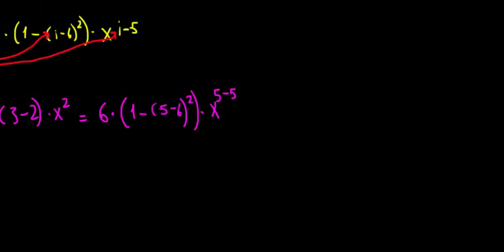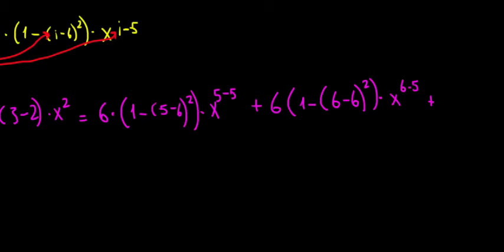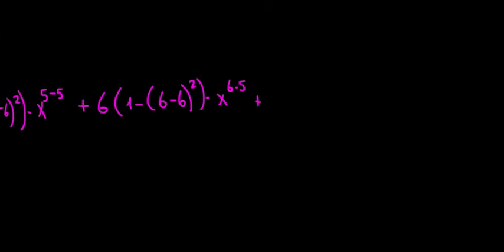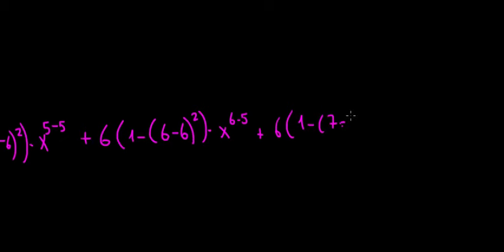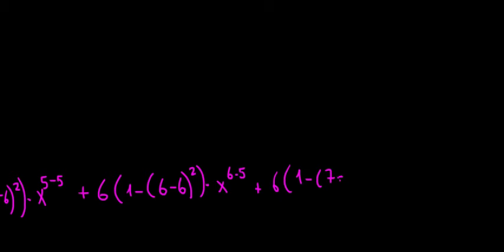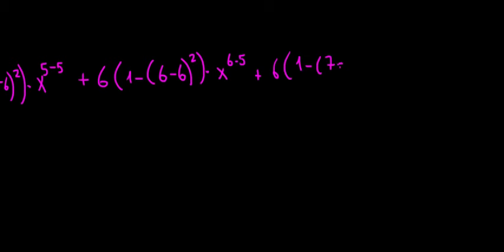We add the next term, which is going to be 6 times 1 minus, instead of i, we're substituting 6 now, 6 minus 6 to the power of 2 times x to the power of 6 minus 5, plus, and the last term would be 6 multiplied with 1 minus 7 minus 6 to the power of 2 times x to the power of 7 minus 6.